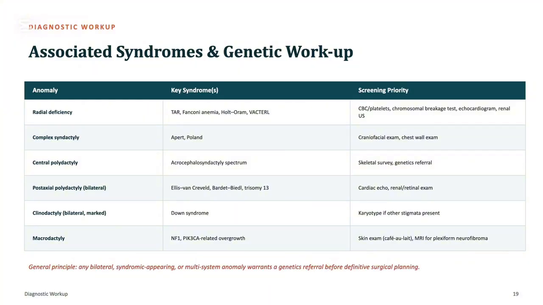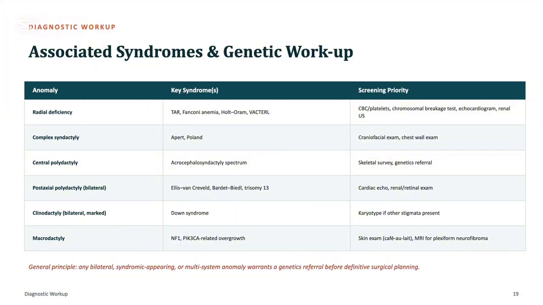You must do CBC and platelet count immediately postnatal. Why? You shouldn't do it only as a routine preoperative test. It must diagnose if the patient has other congenital anomalies like these. Chromosomal breakage test, echocardiogram, renal ultrasound.